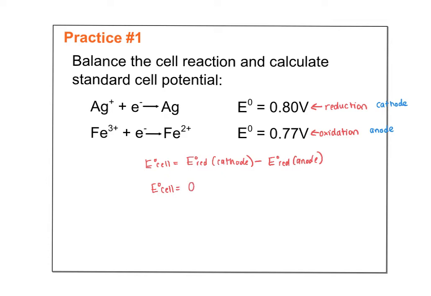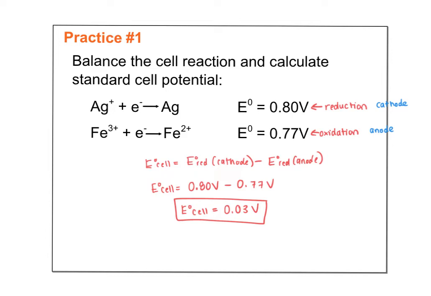So I'm going to take 0.80 volts minus 0.77 volts, and my standard cell potential, V is for volts, is going to be 0.03 volts. That is my standard cell potential for the reaction when these two are in the galvanic cell.